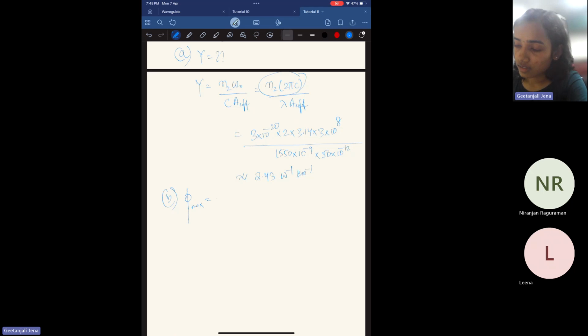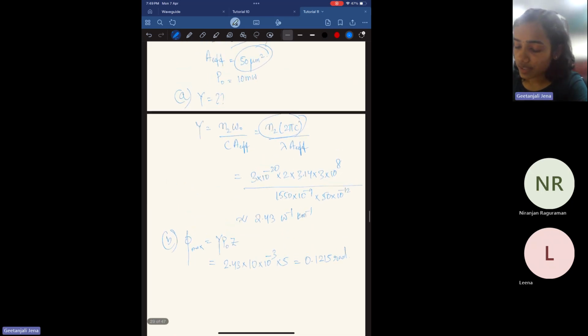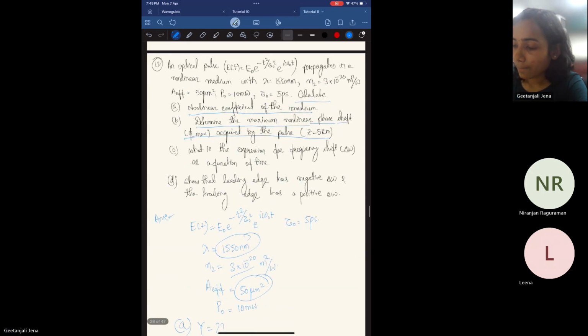So this is gamma P0 Z. Gamma is 2.43, P0 is 10 milliwatt, and this is 5 kilometer. This will give 0.1215 radian. Okay, so this is for the B part.